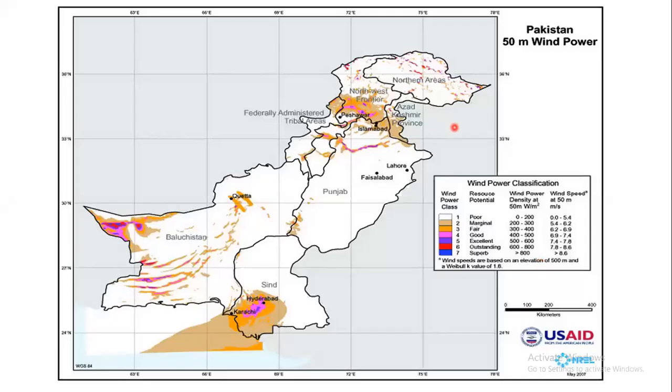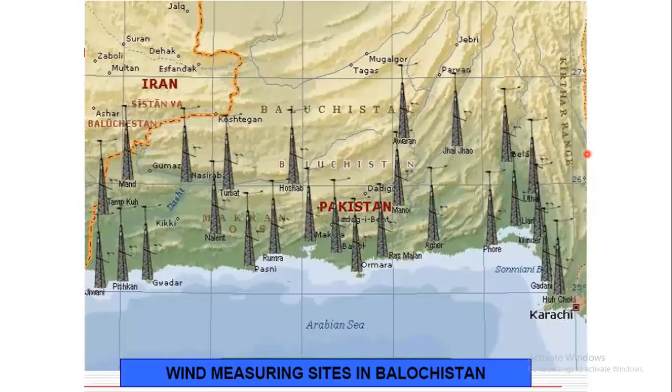Now, Pakistan's 50-meter wind power map is available, which you can see and understand by the scale. This is the report of the US. Now these are the major wind sites in Balochistan where we can install wind power plants, windmills.